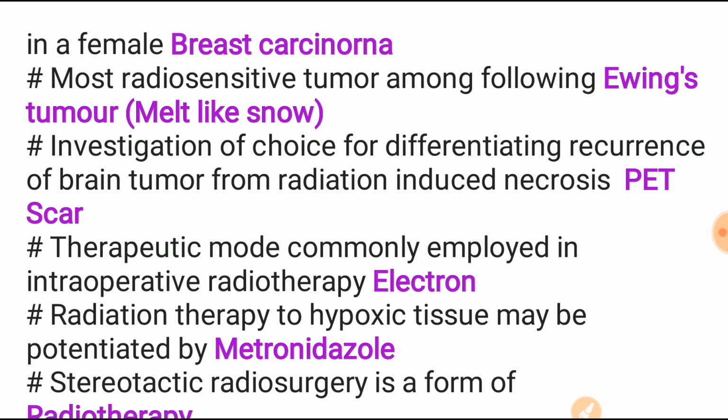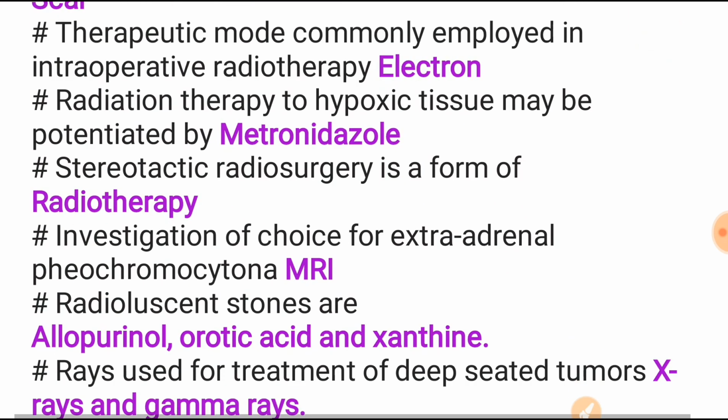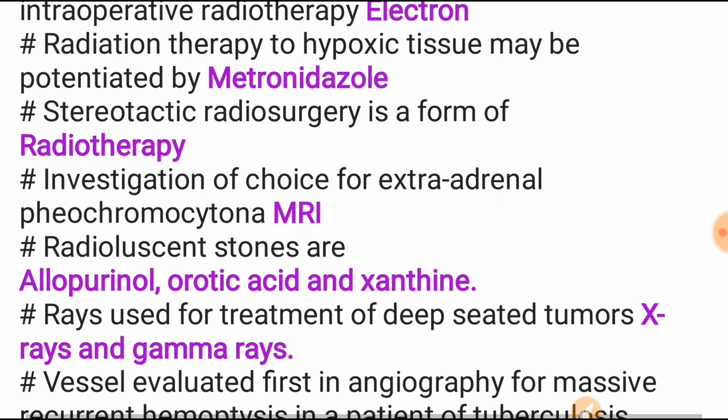Here the next is, therapeutic mode commonly employed in intraoperative radiotherapy will be electron. Next is, radiation therapy to hypoxic tissue may be potentiated by metronidazole. Stereotactic radiosurgery is a form of radiotherapy.